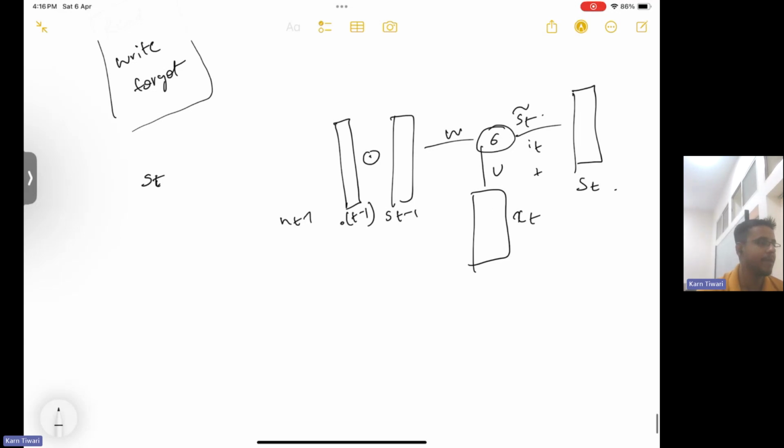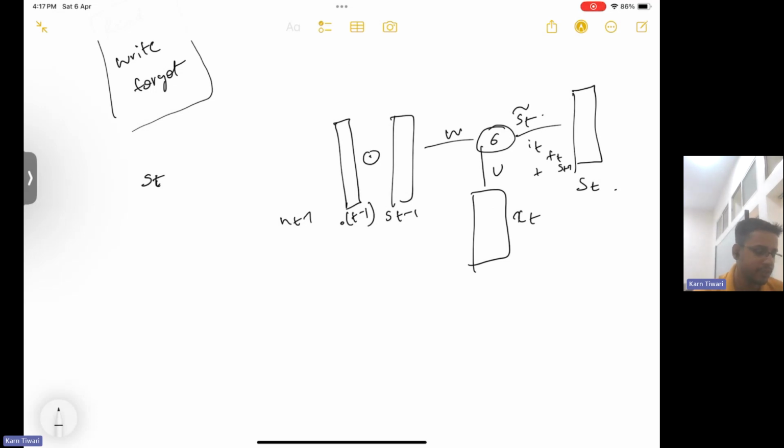Then again, we have a forget gate: how much information do we want to forget? So h_{t-1}: how much previous time information do we want to forget? And again, maybe having another gate, which is just the forget gate f_t.